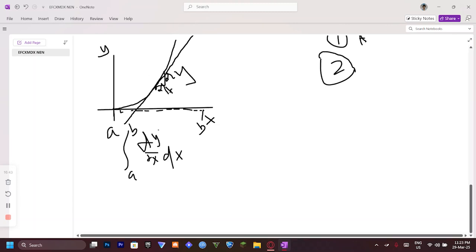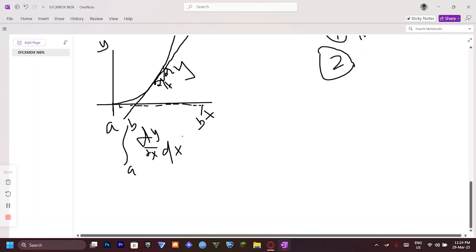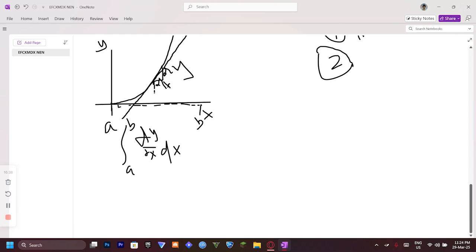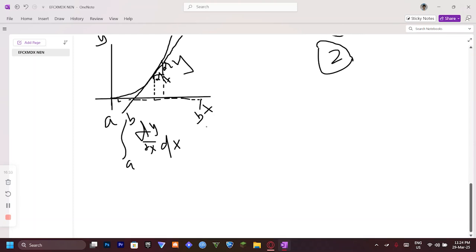Take your derivative, which is dy over dx, or for non-infinitesimal values of x and y, it's delta y over delta x, the change in y over the change in x, and you take that as delta x goes to 0. So we call it dy over dx, and you multiply it by your delta x, and you keep on adding that up.